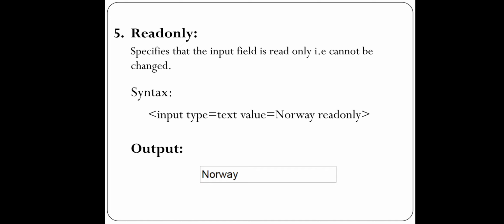If read only is not there, I can change this value, but since I have used read only with this control, whatever value I have given in the text box is only readable. I cannot make any changes to that value since it is read only. If the read only attribute is not used, I can change the value of the text box. Understood? So read only means it allows you to only read the value, right?